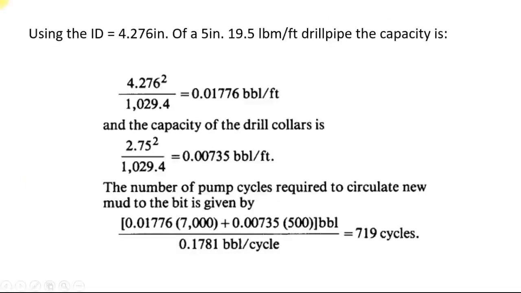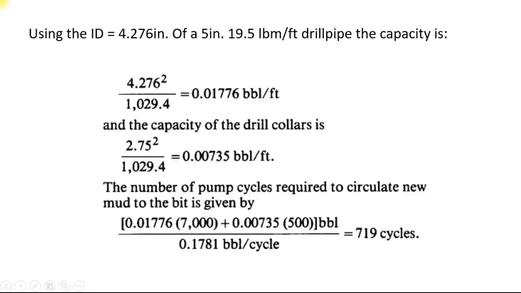By using that capacity formula, we calculate the capacity using the ID from the table. That gives the capacity of the drill pipe, and we were given the ID of the collar, so we put it in here and find the capacity.